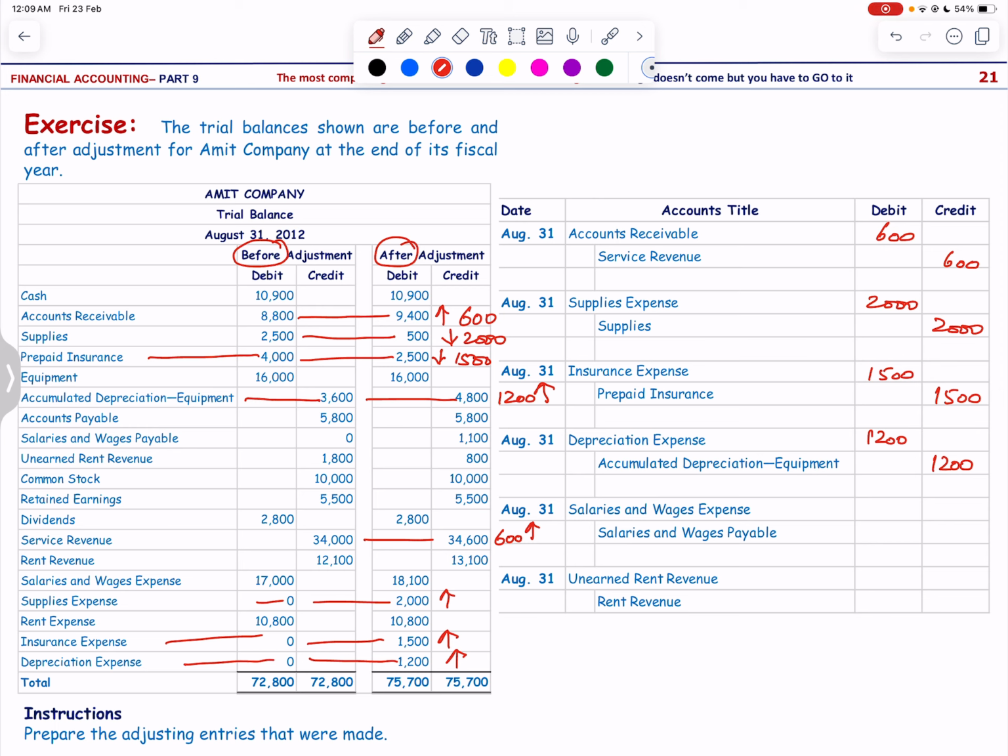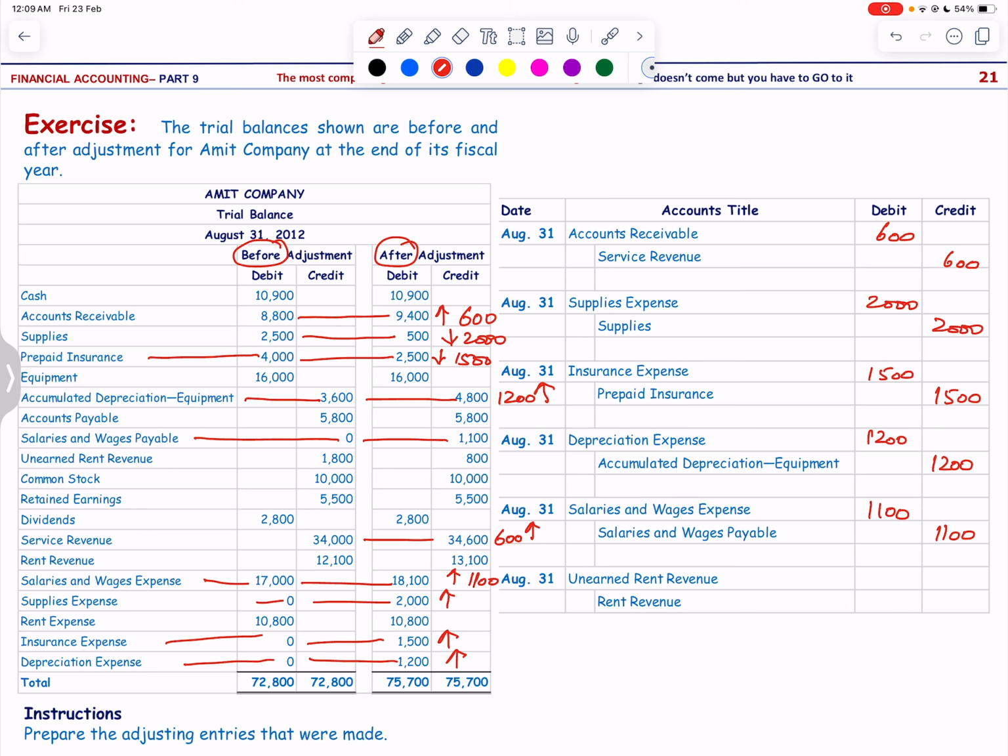Next we have the salaries and wages payable, that you can see has increased by 1100. And if it has increased, that means salaries and wages expense must increase by the same amount, that is 1100. So salaries and wages payable is credit because liability is increasing by 1100 and salaries and wages expense is debit by 1100.